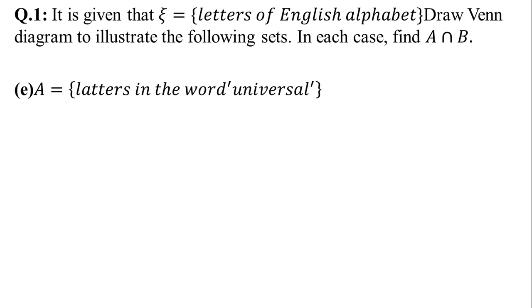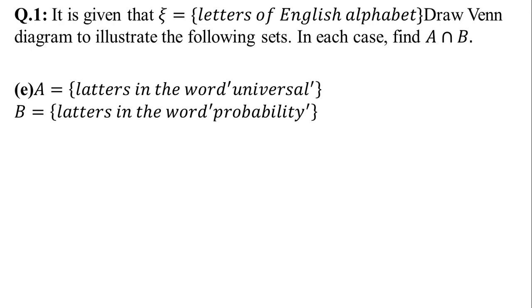Now we will solve the next part, part E. In part E, A is the set of letters in the word universal and B is the set of letters in the word probability.